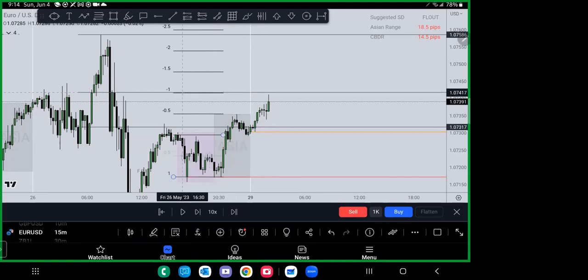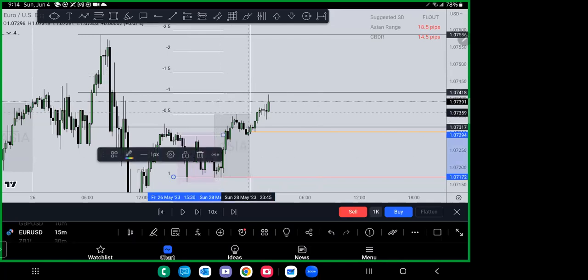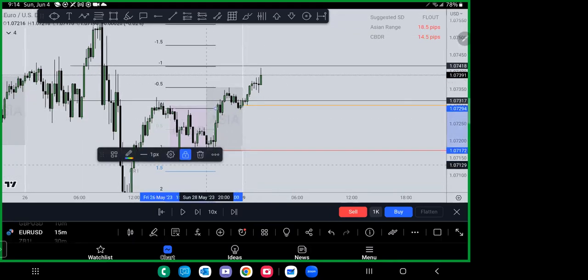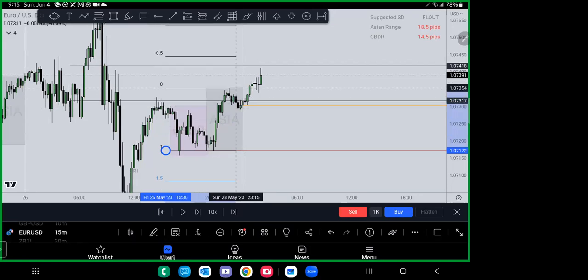Right away, what I see is this rejection block is aligned with one standard deviation. Typically the Judas swing will be at about 1 to 2 standard deviations of either the Asian range, CBDR, or FLOUT.